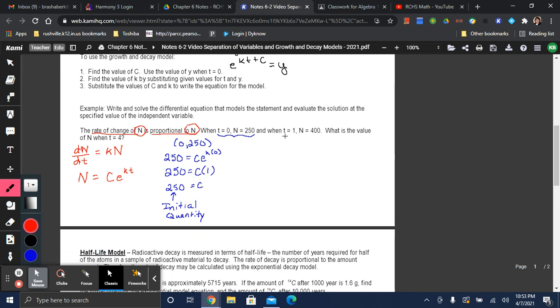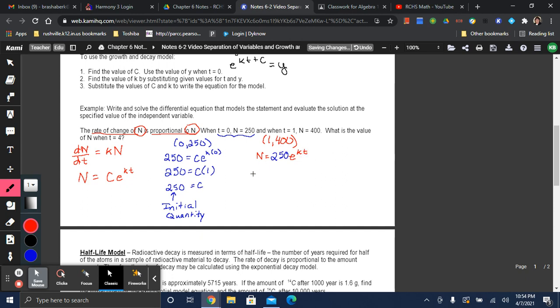So now I'm going to use the 1 and the 400. I'll have n equals 250 e to the kt power.